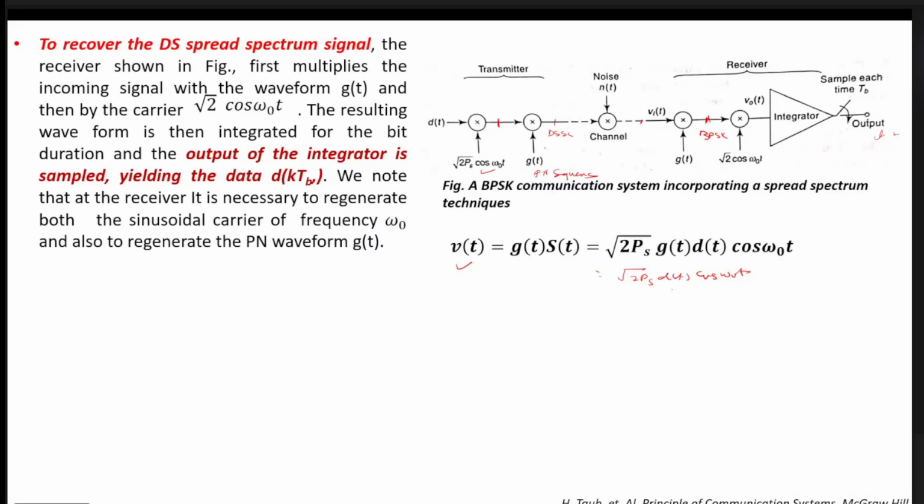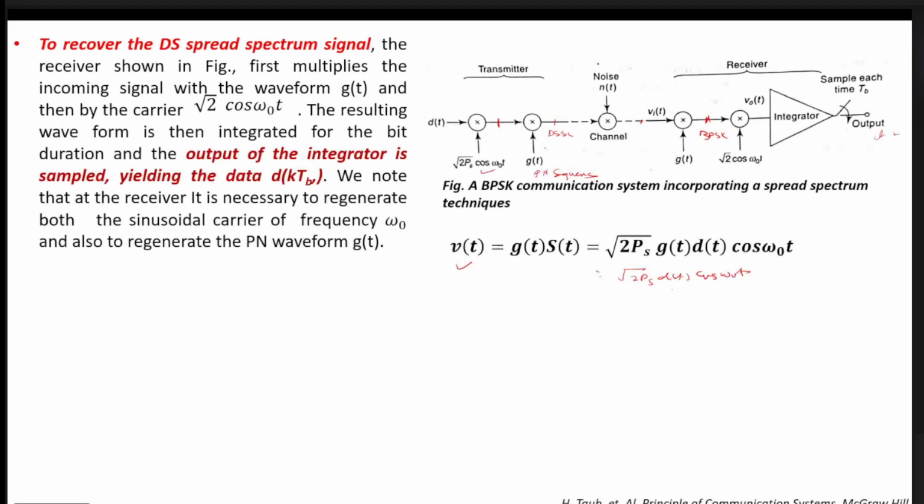That last part is not shown here because it is understood, although you can also write the BPSK receiver here. Since BPSK receivers are BPSK detectors, BPSK demodulators, the receiver remains the same. So this is how we can generate and detect our DSSS signals, direct sequence spread spectrum signals.